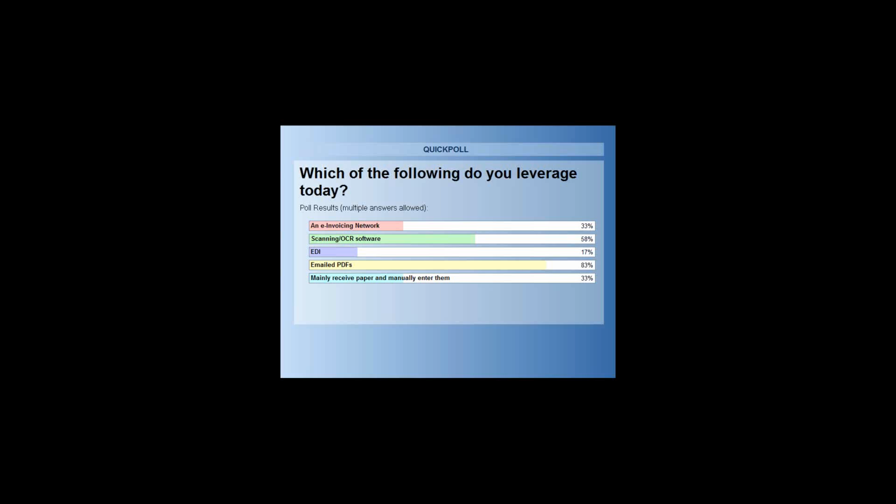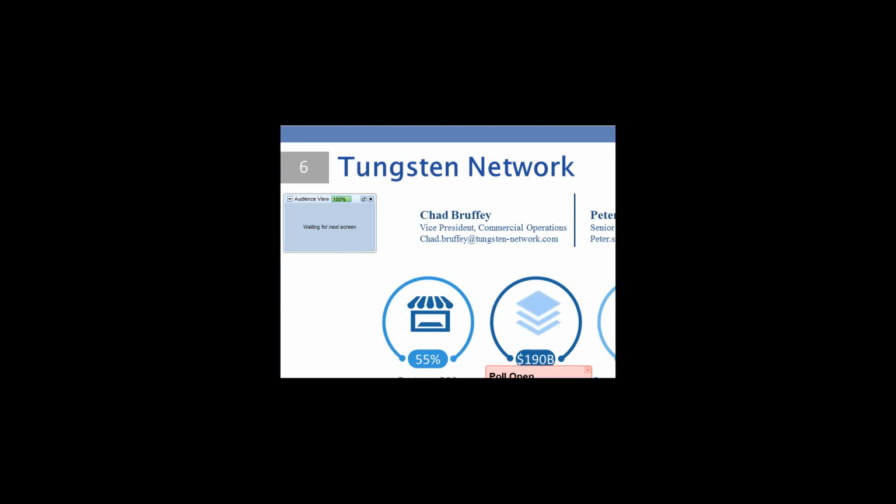Okay, let's move on to the second of our back-to-back polls coming up on your screen. Now, let's find out what kind of scope you are potentially dealing with today. How many invoices do you receive from your suppliers each year?